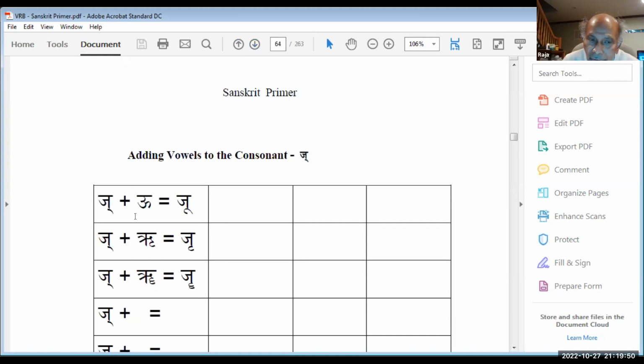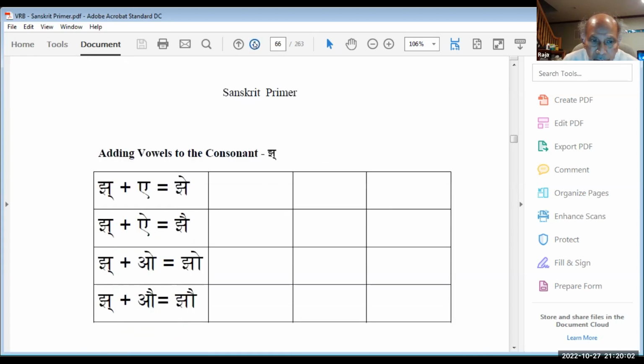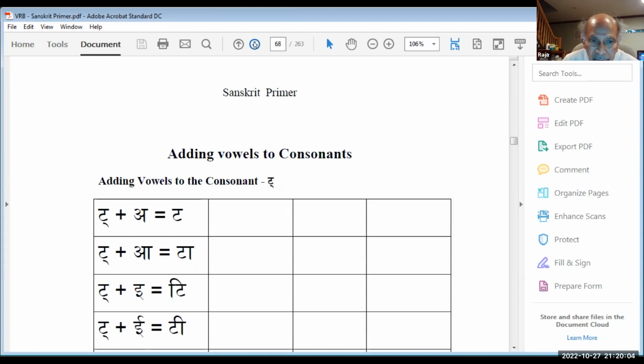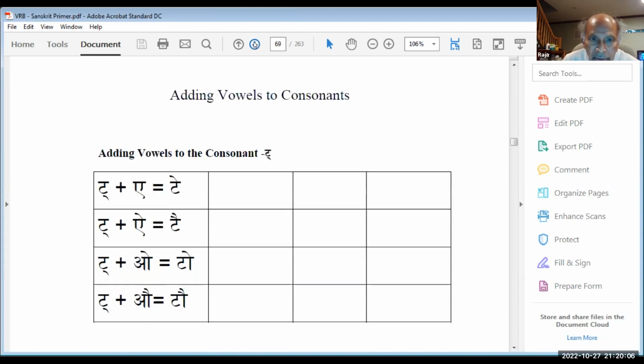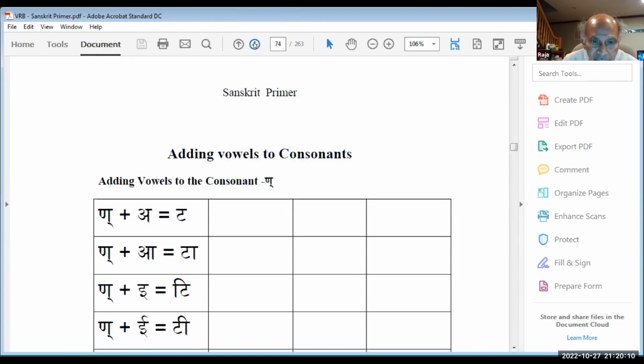And these are all where we add a consonant. We add a vowel to the consonant. What happens? Then they're all adding vowels to a consonant, then conjunct consonants will come.